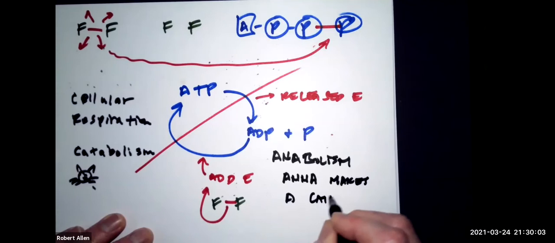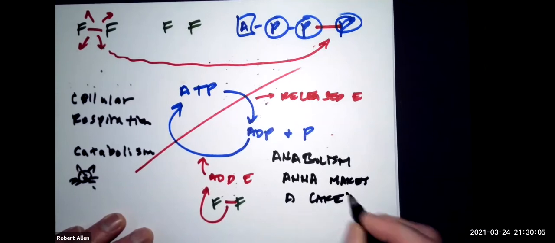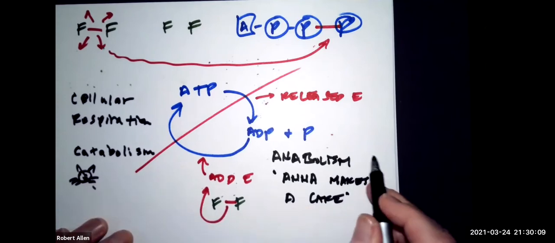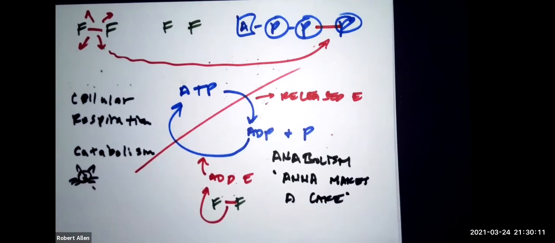I know it's dumb, but it's a great mnemonic. It works. Cats tear things down. My friend Anna makes a nice cake. There you go. So breaking down, building things up. I know it's silly, but it might help you along figuring this out.